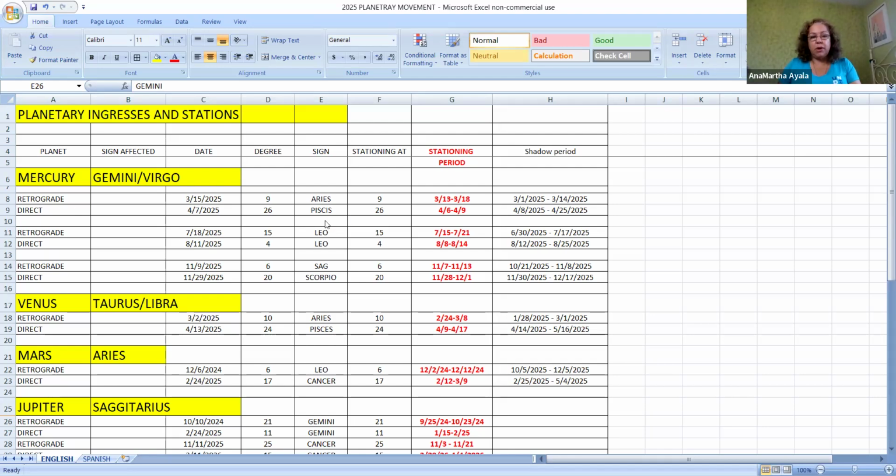And then when it goes direct, Pisces is a water sign. So any water sign, Scorpio, Cancer, if you have planets there, then it's a trine. So you get a favorable communication from somebody from the past. If you have a square, it's a challenge.